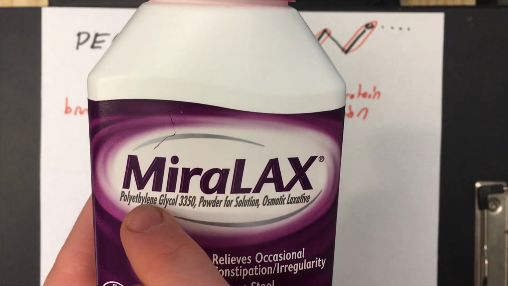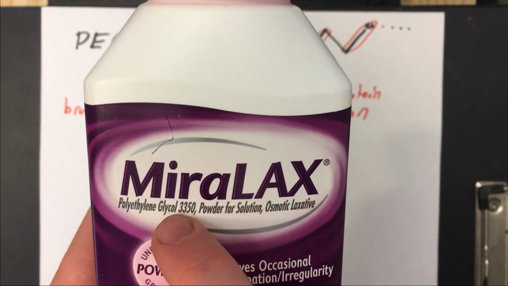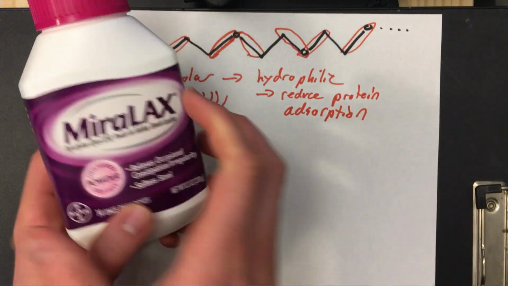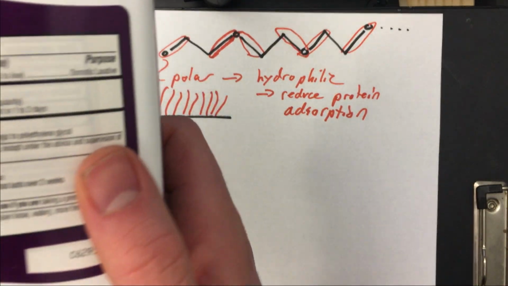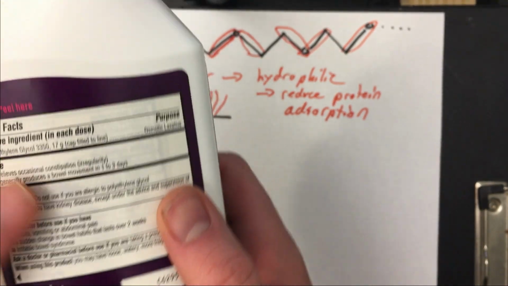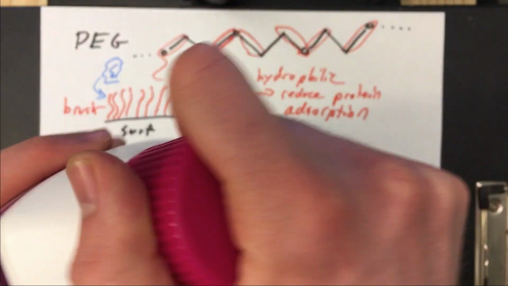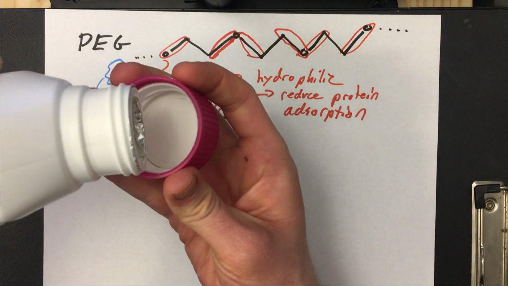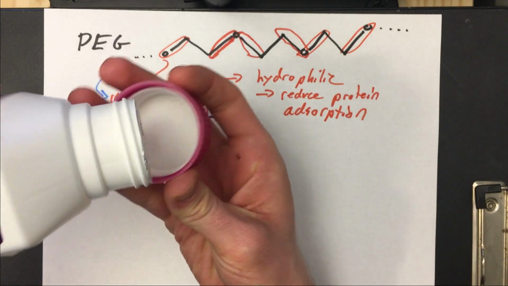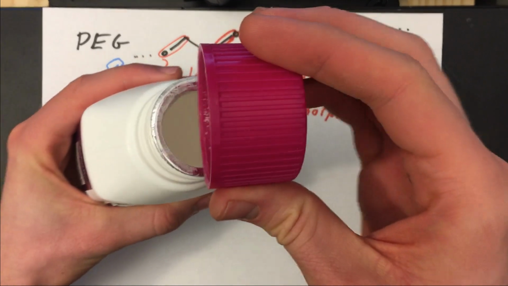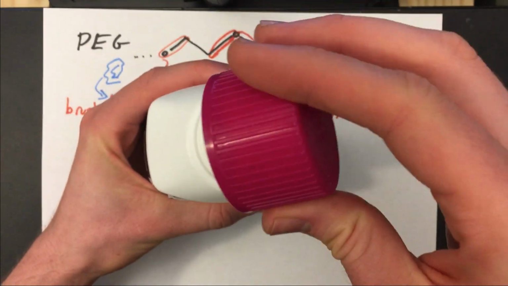Well, nothing other than polyethylene glycol, and this 3350 number is the molecular weight of the polyethylene glycol used. And so, here it is, the active ingredient. And each dose, you're supposed to have 17 grams of this stuff. So this Miralax is basically this powder, and you're supposed to have 17 grams of this powder.